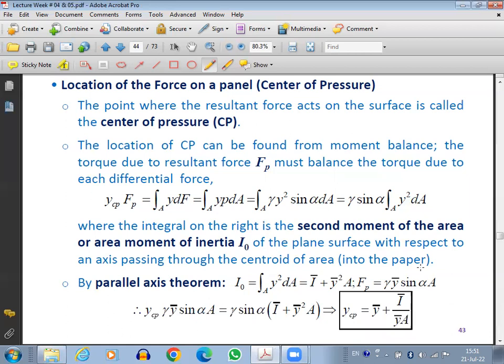Now you studied the second moment of area somewhere. Did you study second moment of area before? Yes. In statics. Also in strength of materials, you have used it. Whether you have studied it or not, you have used it, and in the intermediate study also.